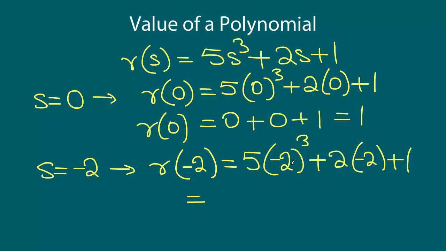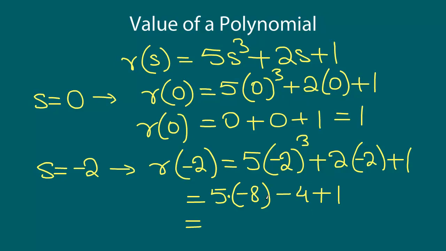So minus 2 times minus 2 is plus 4 times minus 2 is minus 8. So what we have is 5 times minus 8. And then 2 times minus 2 is minus 4. And we have plus 1.